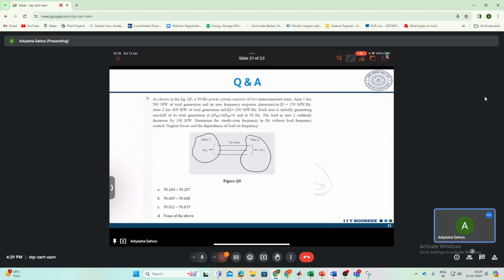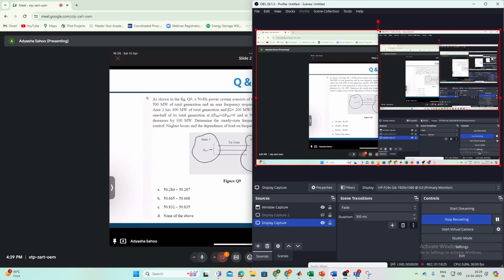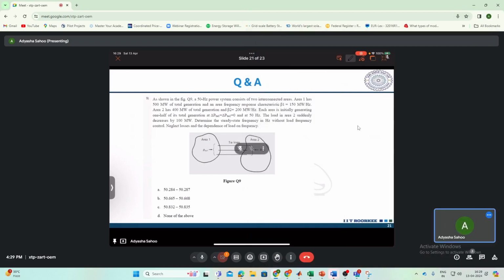Okay. Now the next question. Here two interconnected areas, area 1 and area 2.